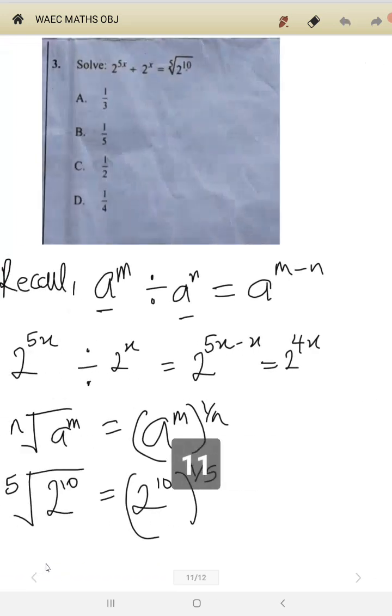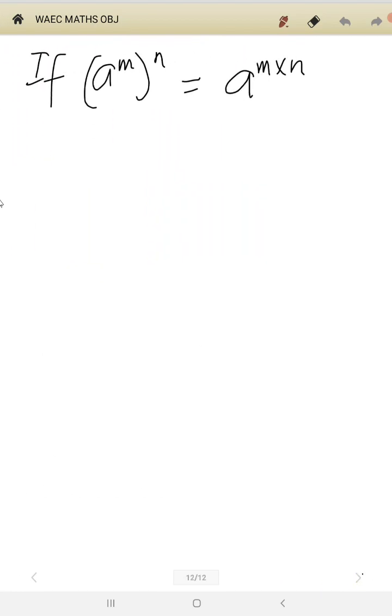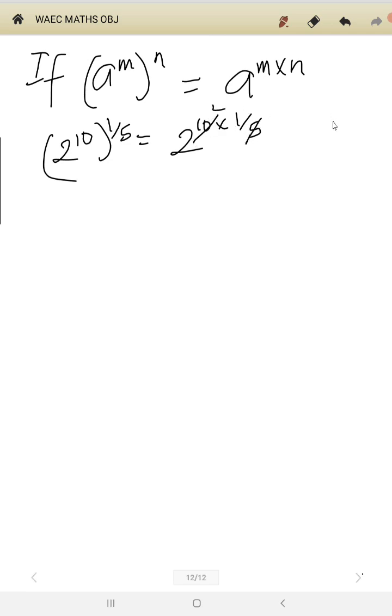So therefore, 2 raised to power 10, raised to power 1 over 5, will give you 2 raised to power 10 times 1 over 5. Here 1, here 2. So now we have 2 raised to power 2.